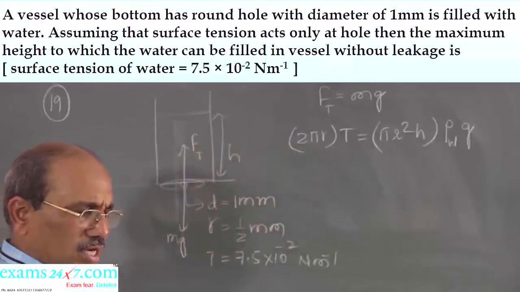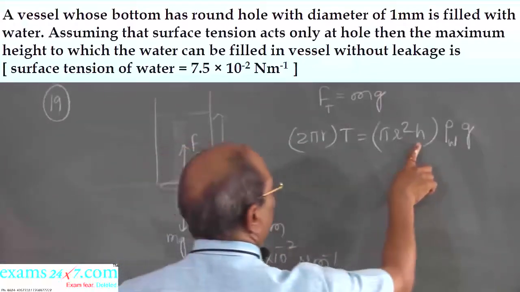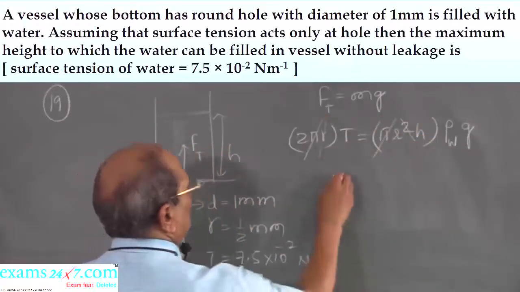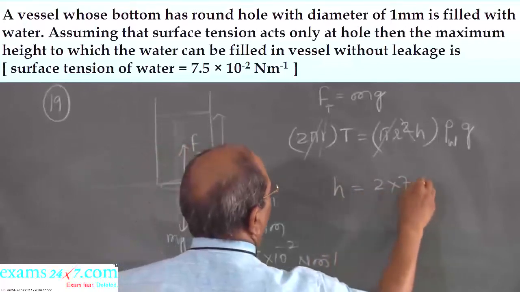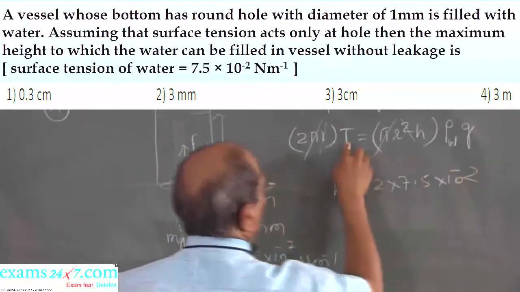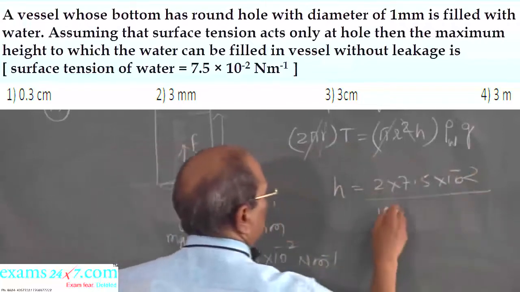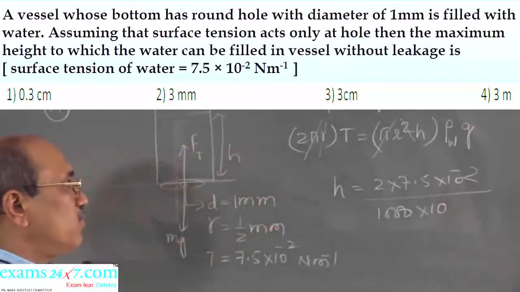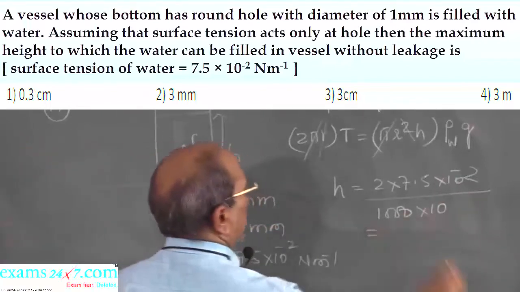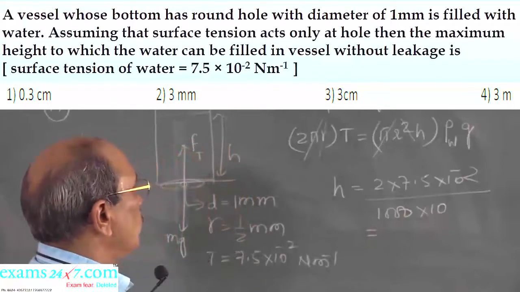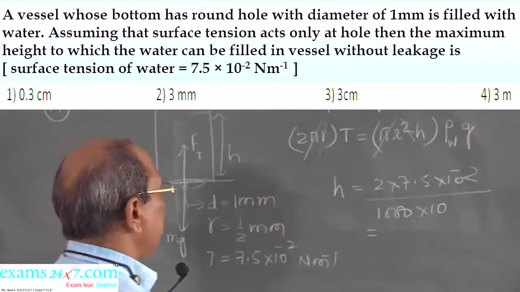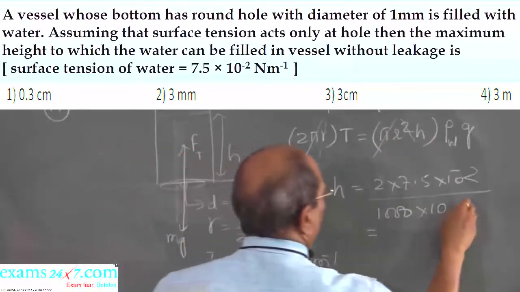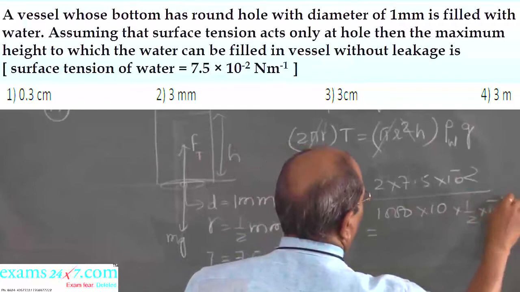The question is on height, h is required. Pi cancels, one r cancels. H is equal to 2 into 7.5 into 10 power minus 2 divided by 1000 into 10 power 4, and r is half millimeter radius. One radius term comes to the denominator, into half into 10 power minus 3 meter.